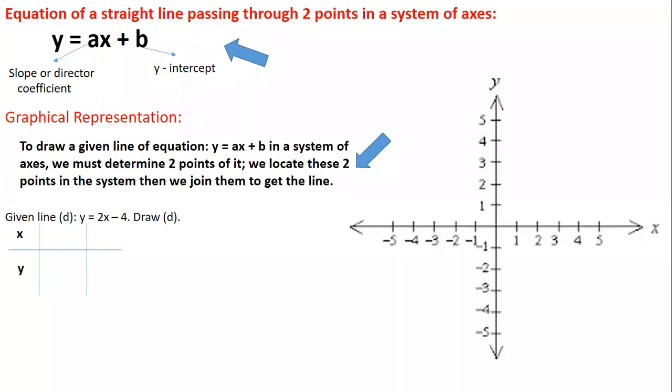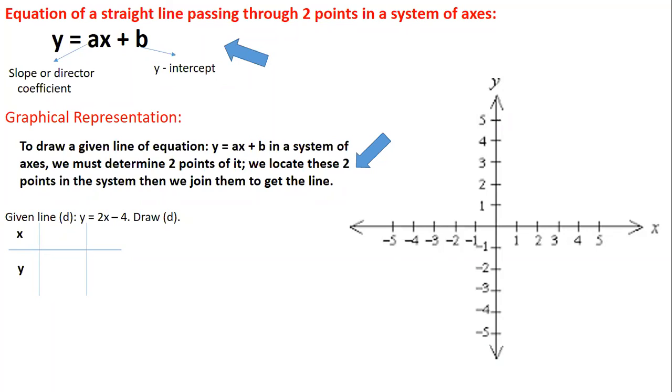Whatever values you take, you will get the same straight line, no different straight lines. And I said, always when drawing a straight line, the easiest values to take for x and y are x0, we determine y, and y0, we determine x.